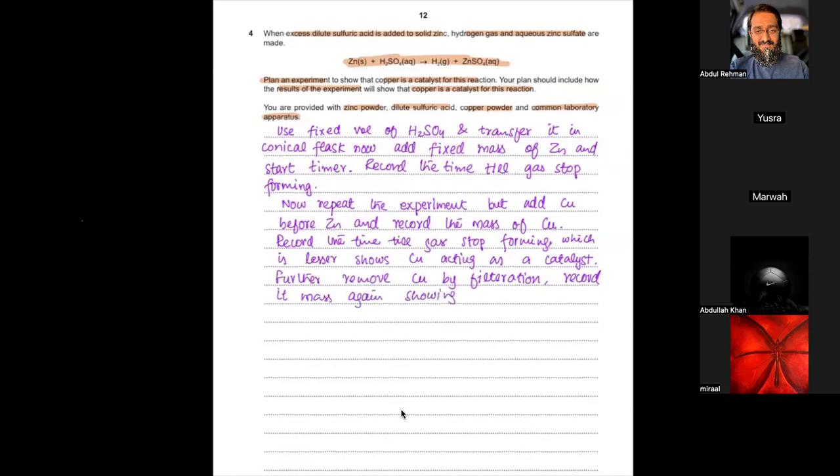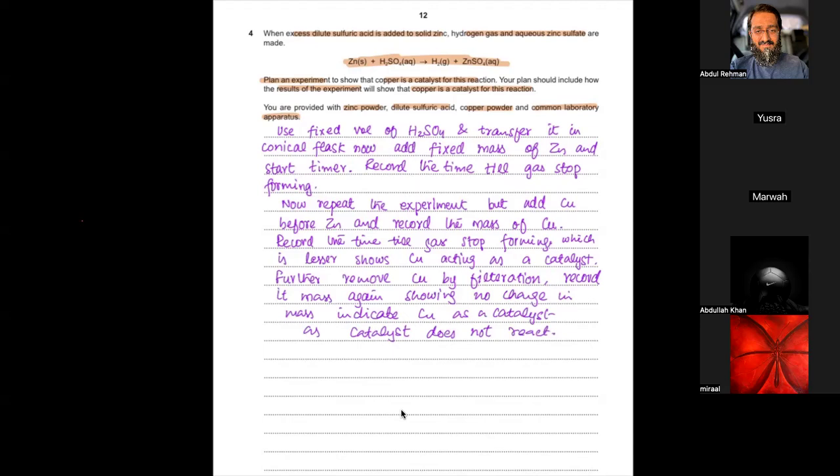Showing no change in mass indicates copper as a catalyst, as a catalyst does not react, so its mass remains the same. Is this understandable to all of you?